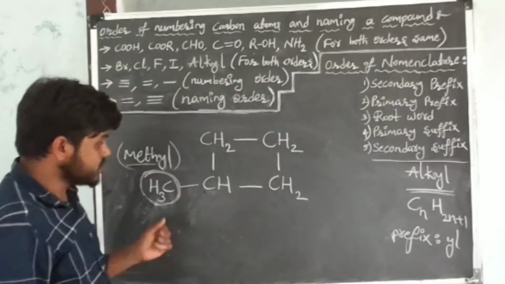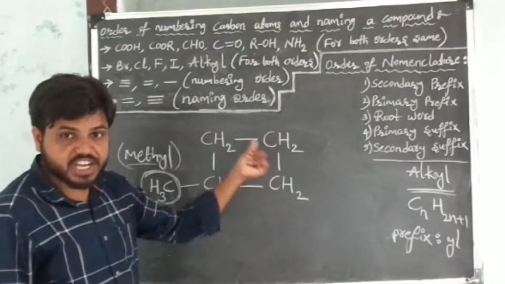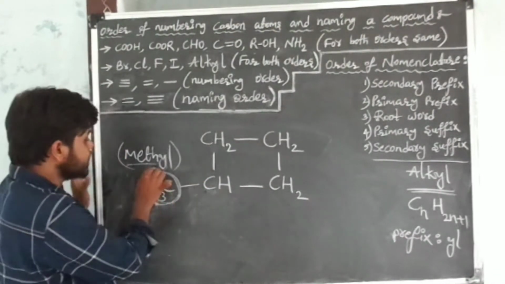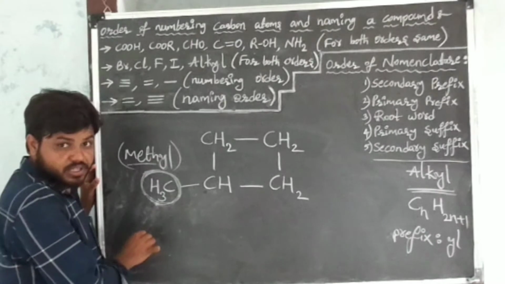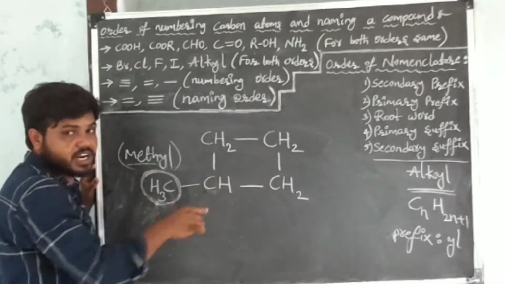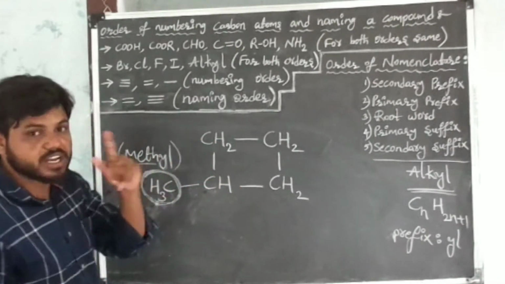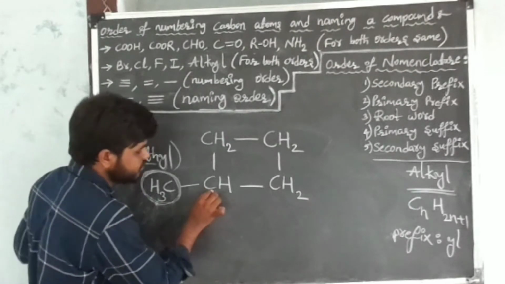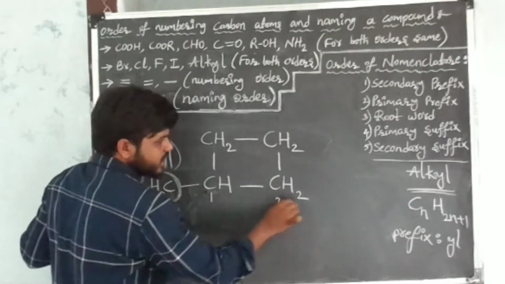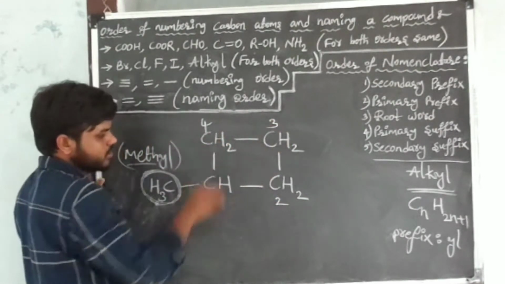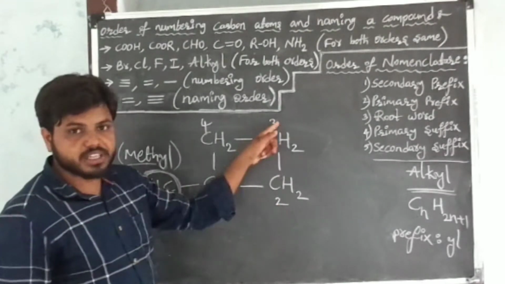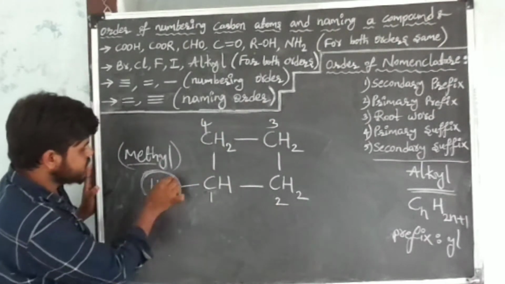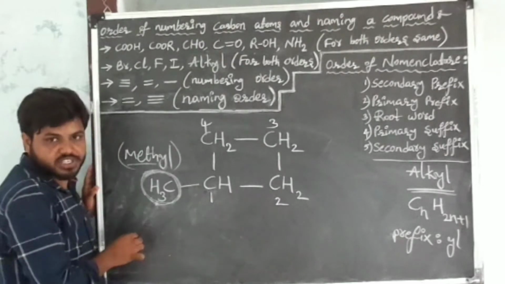After knowing the substituent, first give the numbers to each carbon atom in such a way that this methyl should get the least number. That's why I am starting from here. This is first carbon, second carbon, third carbon, fourth carbon. So this methyl gets the least number, that is first.